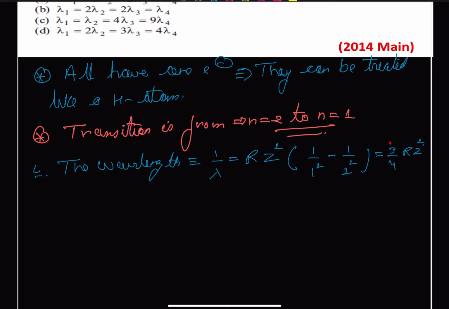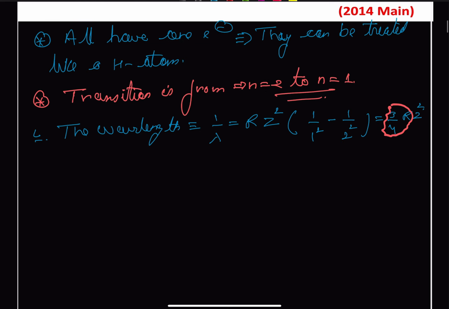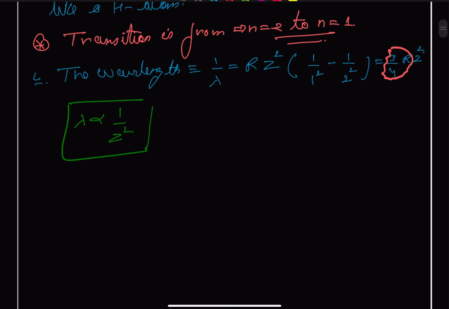And here we can clearly see that this term 3 by 4 multiplied by R is a constant term. Therefore, we can write the equation that our lambda is proportional to 1 upon z square. And based on this value of z, we are going to find out how the lambda is going to behave. Okay.